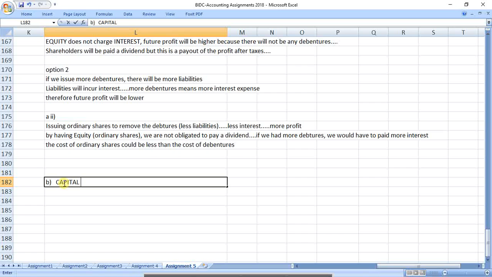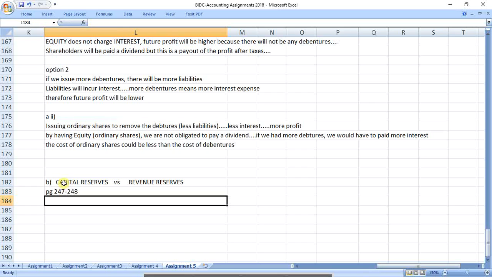Capital reserves versus revenue reserves. Okay, this came from page 247 to 248. It was chapter 25. You probably wrote something about it there.